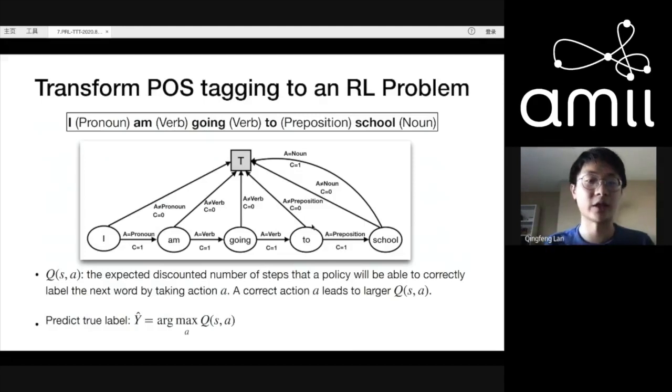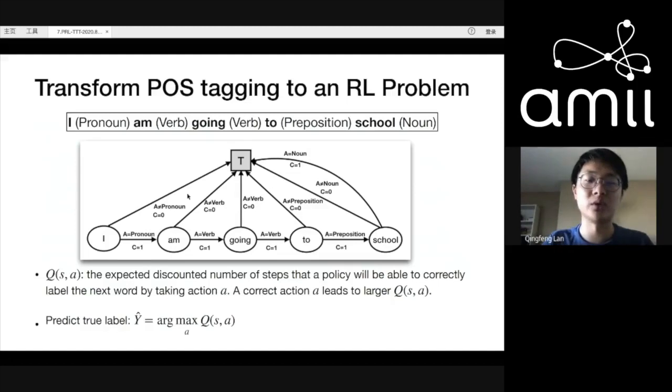Here's an example. I'm using the sentence "I'm going to school" as an example, and the POS labels are behind these words. For example, if I'm in state I, the correct POS label is pronoun. If I take action pronoun, I'll go to state M with cumulant 1.